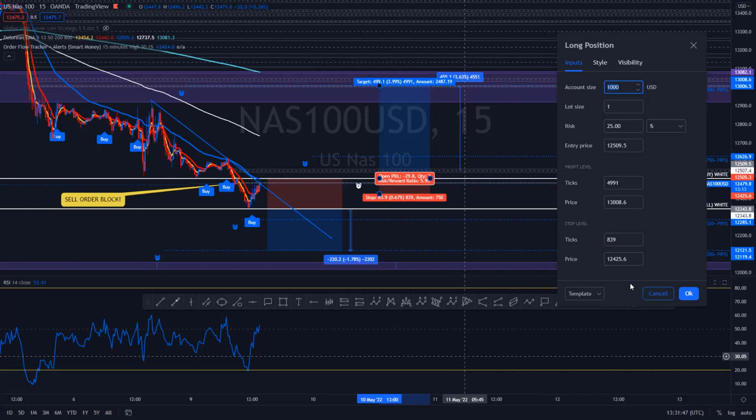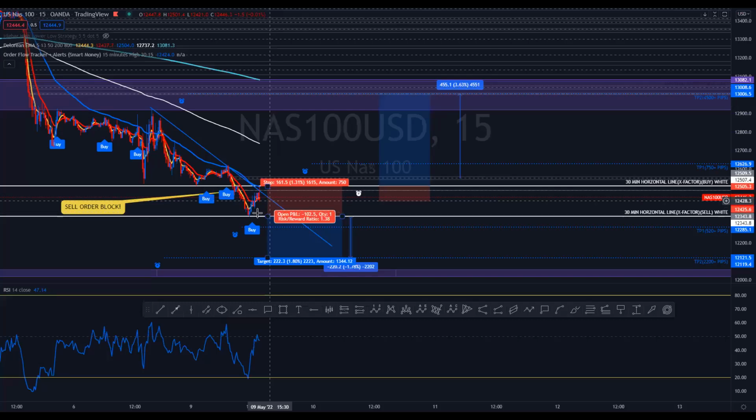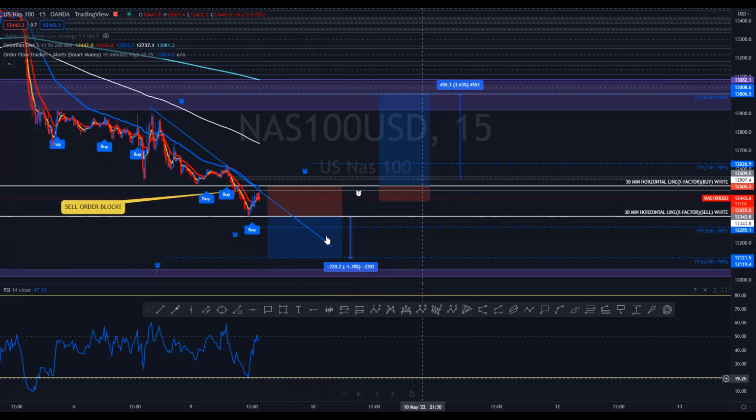We'll see where it goes. Yeah, it looks like it's selling, but it's playing back and forth. But yeah, I see it dripping down as well. So that's what we're going to wait for.